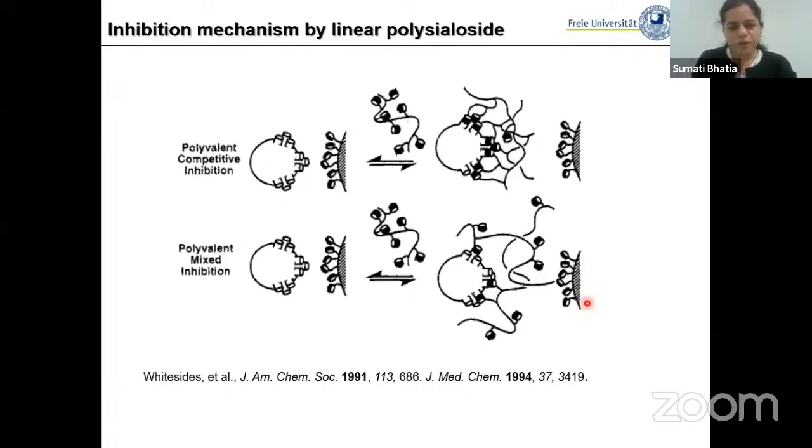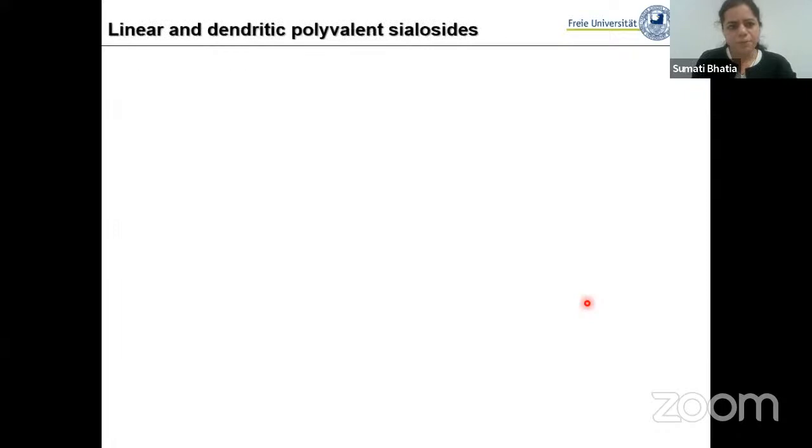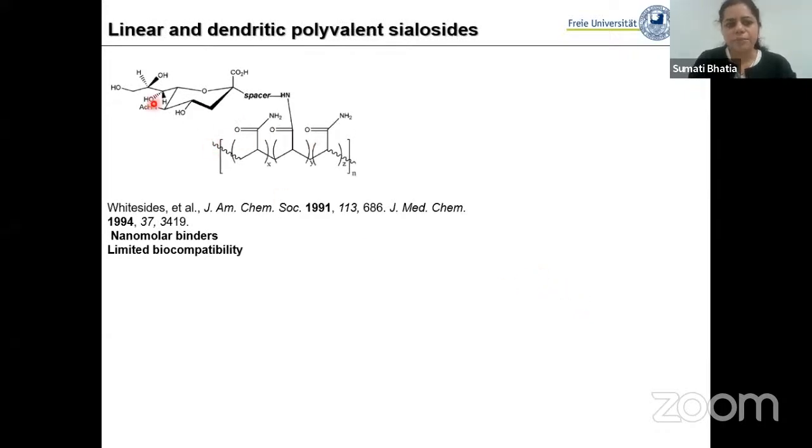After that they developed linear polyacrylamide based sialosides, which were really good, nanomolar binders, but they had limited biocompatibility. So no such multivalent scaffold could be investigated in vivo or for the development of drug molecules.